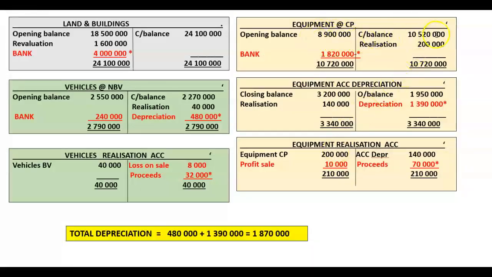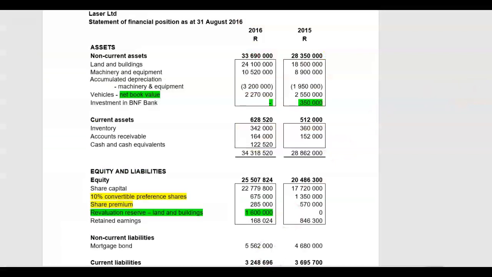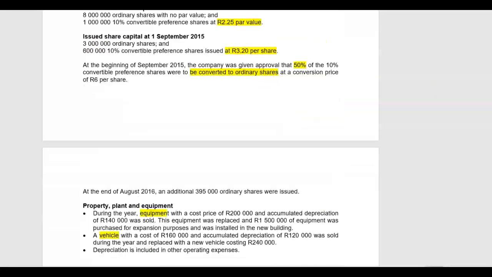Then they tell us in our additional information that during the year, equipment with a cost price of 200,000 and accumulated depreciation of 140,000 was sold. The equipment was replaced and 1.5 million of equipment was purchased for expansion purposes and was installed in the new building. Okay, now first thing first, let's dispose of this asset first.